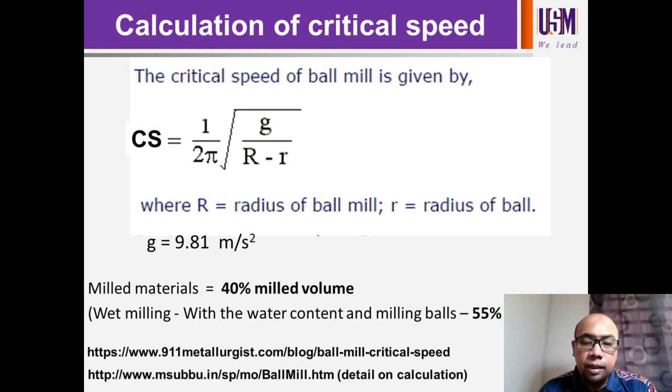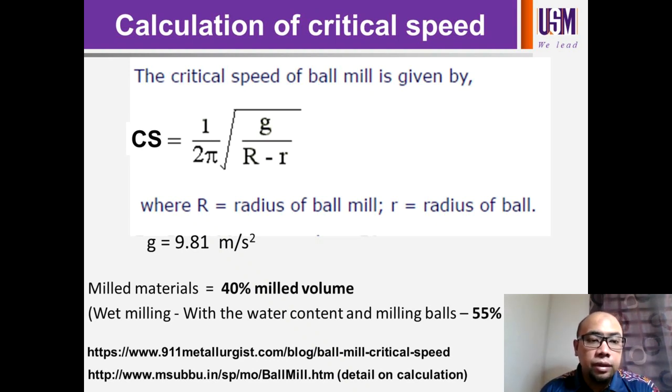In this case, you can go through these two YouTube links on how to do the simple calculation for the critical speed of a milling machine. My advice to you, please try this calculation.